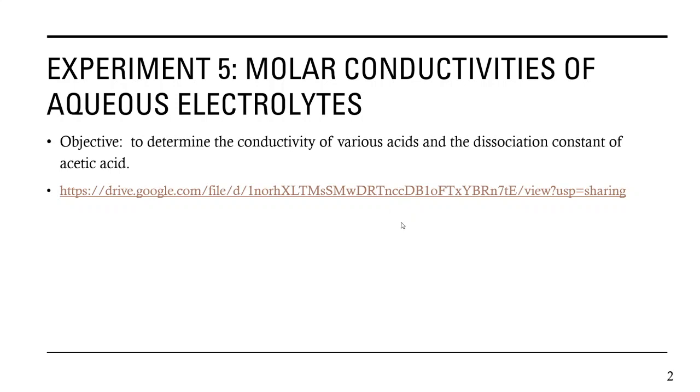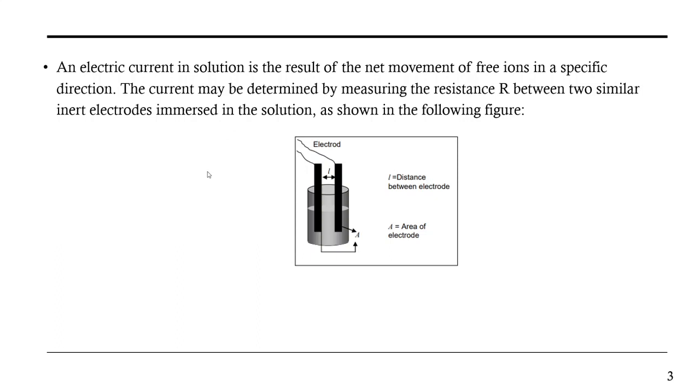So the essence of this is that when electrolytes are dissolved in water, you have free ions, and from there you can measure the conductivity of the electrolytes. The setup uses a conductometer to measure that.